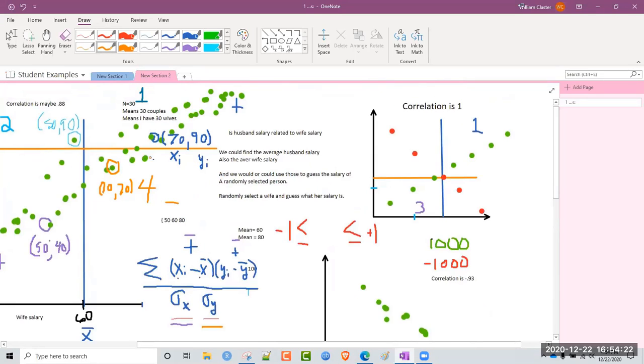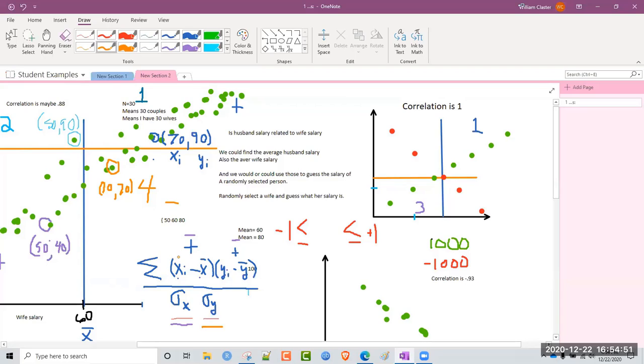Remember, each of these dots has an x coordinate. Or we can say each of these dots has a wife's salary. So we have all the wives' salaries, and we can calculate the standard deviation of their salaries, right? We just collect them and put them in Excel and calculate the standard deviation.